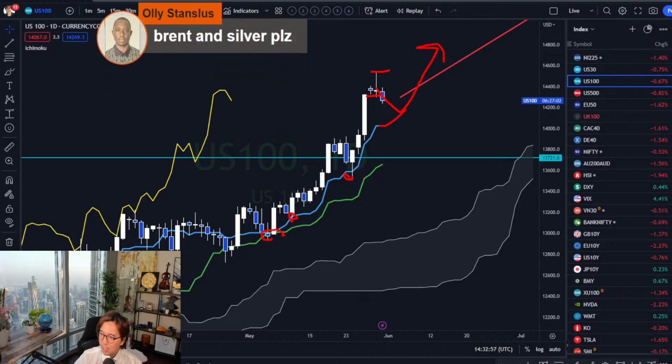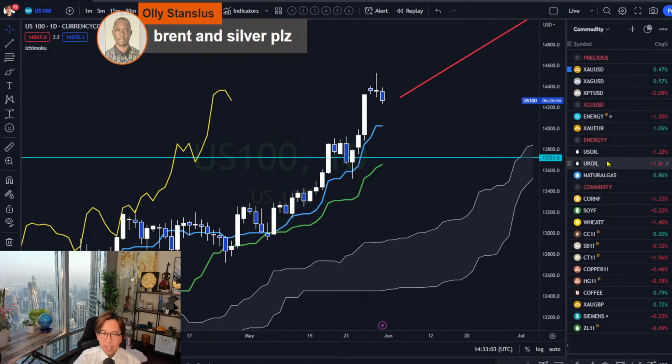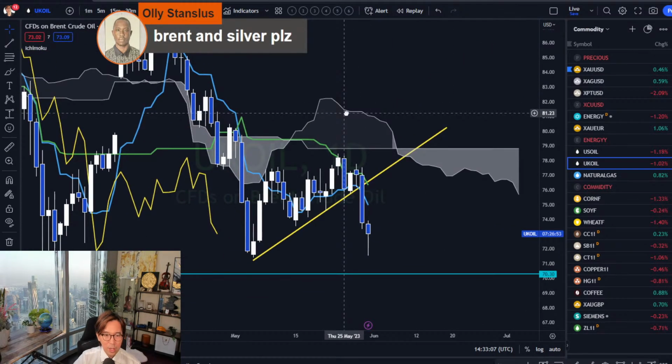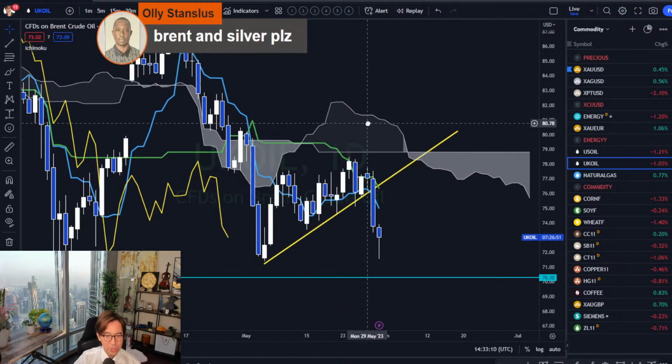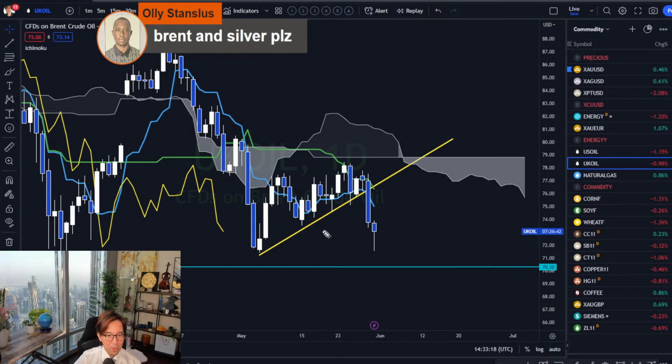Alright, let me check Brent for you. Commodity, and here is Brent, and this market is now bearish. I think I analyzed this market a couple of days ago. I was saying that if the market is supported by the trend line, then the market will be bullish.